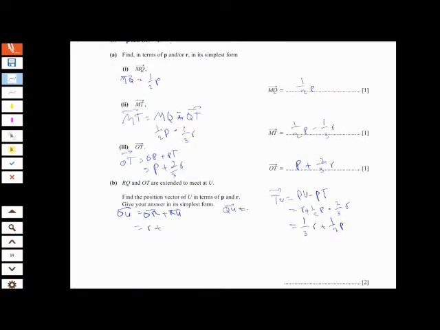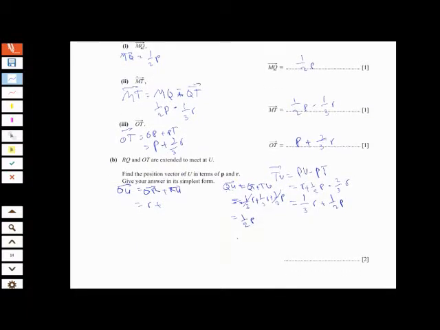QT is 1 over 3R. TU is 1 over 3R plus 1 over 2P. Simplify that. QU is going to be minus 1 over 3R, because we're going in the opposite direction, so this will cancel this. You'll end up with half P. QU is half P.